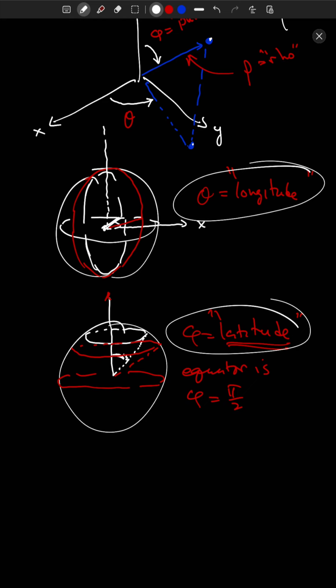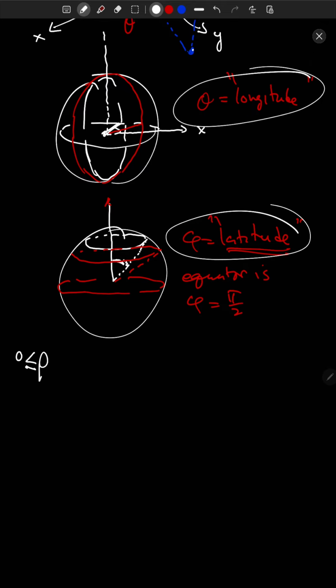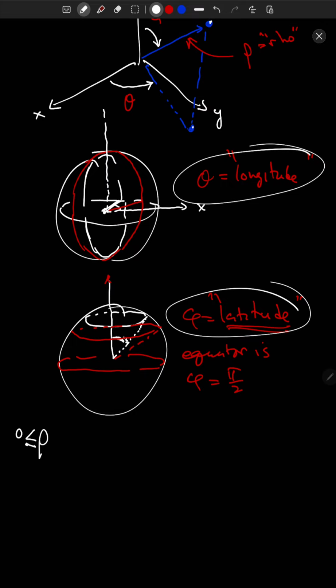All right. What about the ranges of these quantities? Well, rho generally, we're going to have it be greater than or equal to 0. You can technically have rho negative, just like you can technically have r negative in polar coordinates, which means you're pointing in the opposite direction.